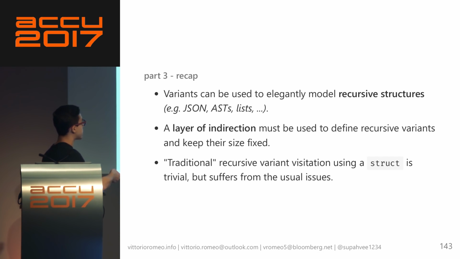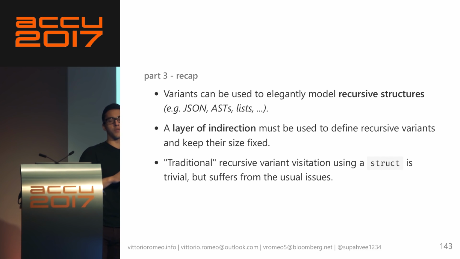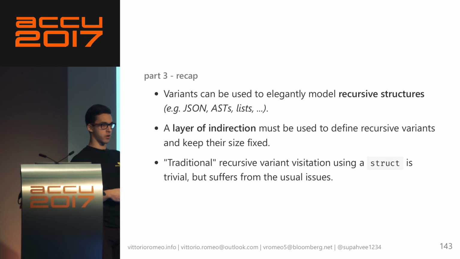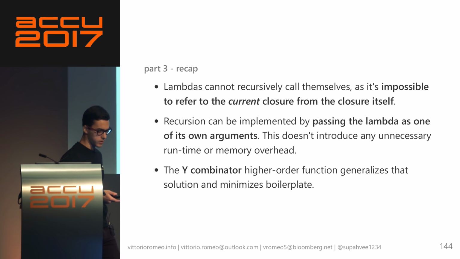And traditional recursive variant visitation using a struct is trivial. We didn't have to do anything. Like we didn't have to use Y Combinator or anything like that. We could just use this, which is great. But it suffers from the issues we discussed before. It is not really local, and it's harder to jump around in the source code when you're reading it.